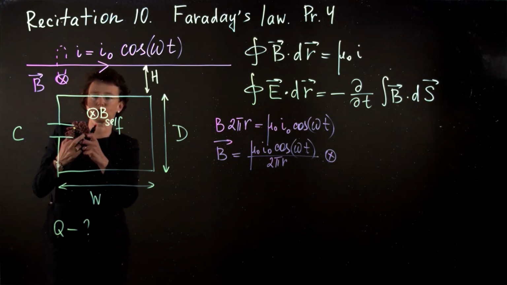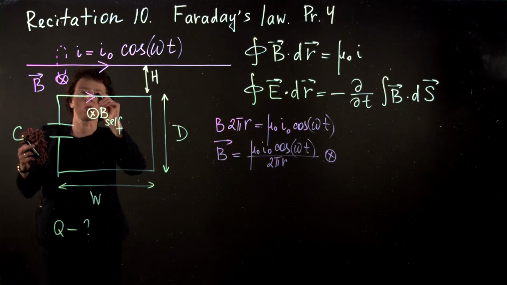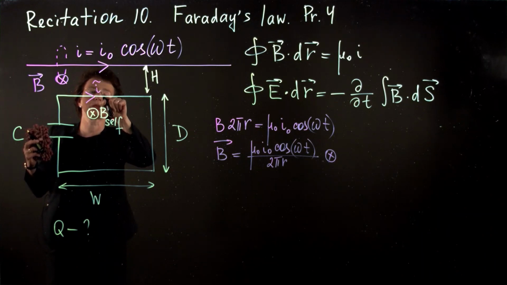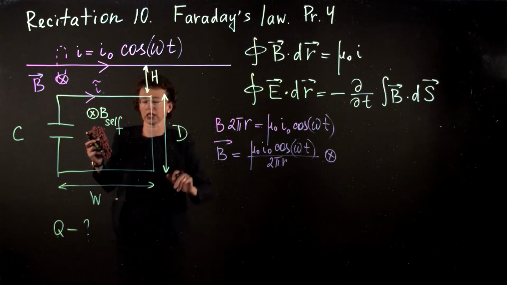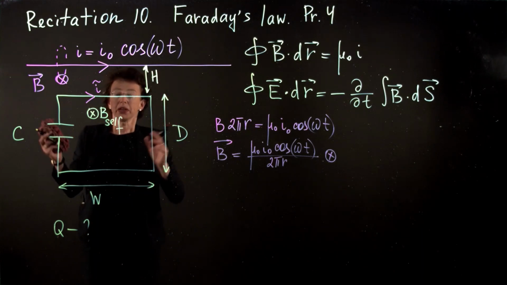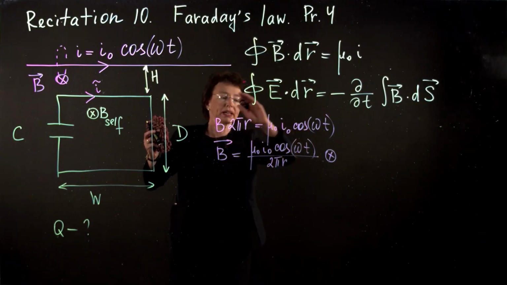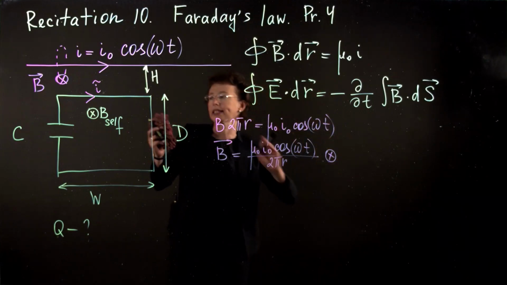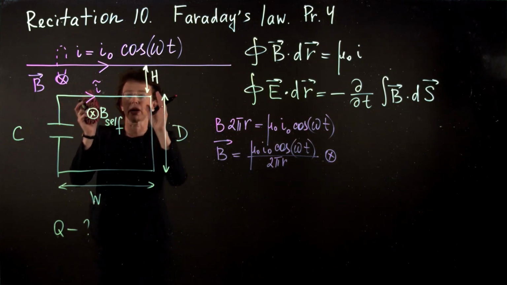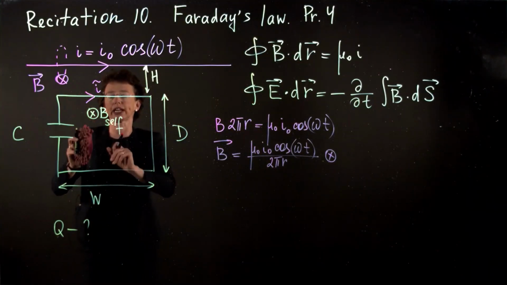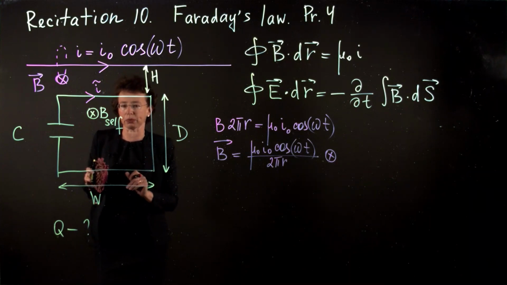So the direction of current is clockwise, and I will call this current I tilde to make a difference between the current in this loop and the original current in the infinitely long straight wire. Then we understand that since we have cosine here, the magnetic field will be increasing, decreasing, so the direction of current will be changing. But we just start with something. We worked with omega t changing from 0 to pi over 2 to figure out the initial direction of current, and we will stay with it.